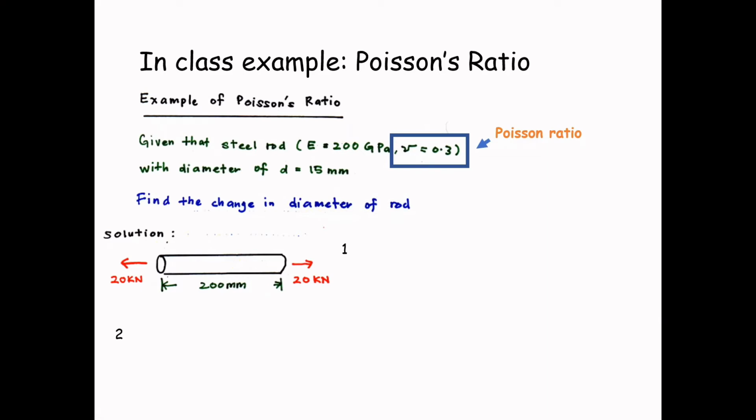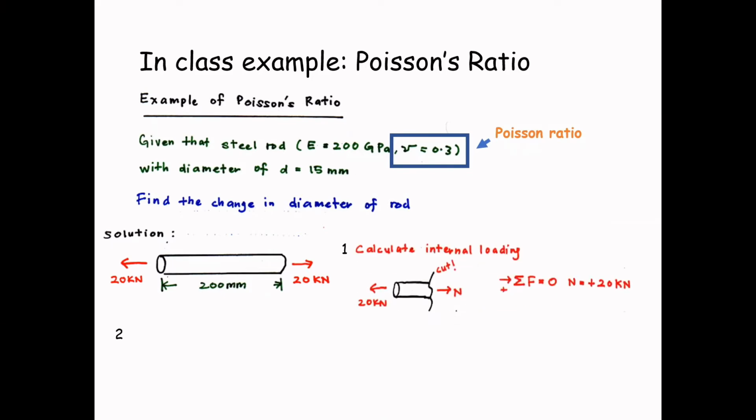This tension rod may be a member of a truss, part of some sort of structure. Inside, we have only one internal loading, an axial loading, which means there is no bending, no torsion, and no shear, only a normal force.